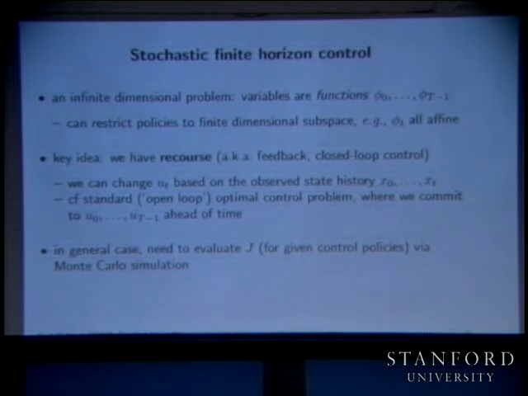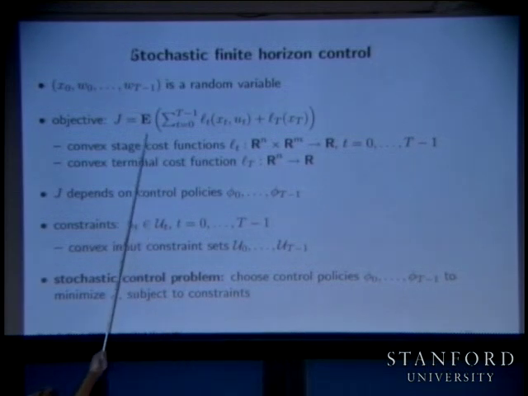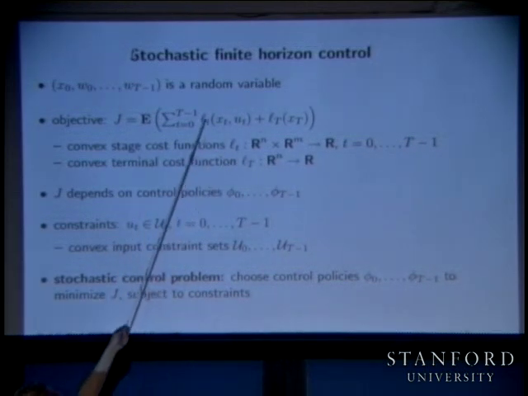Now in the general case, the only way to really evaluate this objective is going to be hard. There are some special cases. If these are quadratic and so on, then we get an analytical solution. And in fact, as usual, that and 15 other special cases will be the only cases where people can solve stochastic control problems, meaning here's the solution.